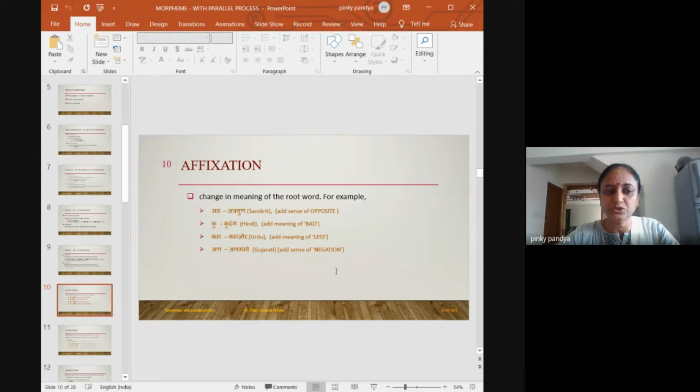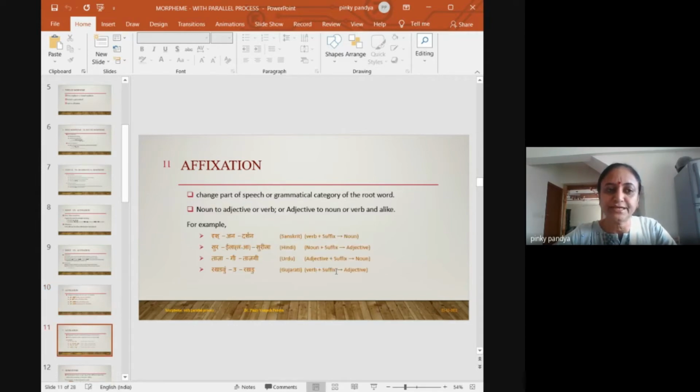In the Urdu word kamjor, the root word is jor, but kam adds the meaning of less. Or the Gujarati word angamo: the root word is gamavu, which is a verb. It is changed into a noun, and then an gives the sense of negation.